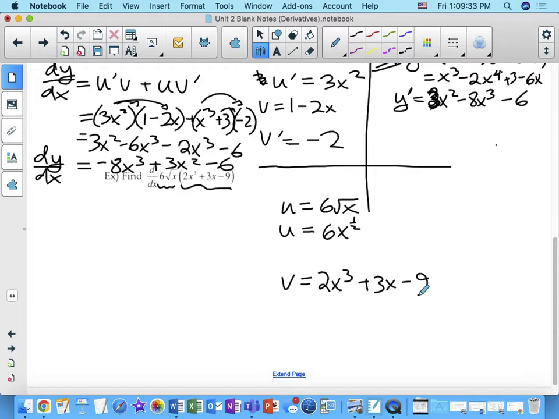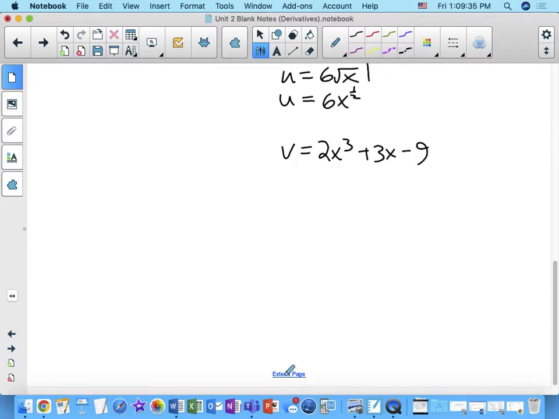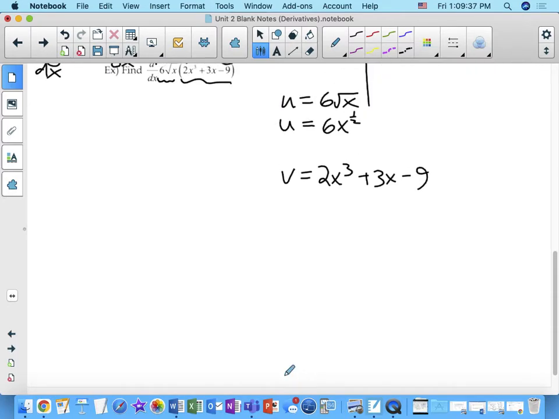And then we can find the derivatives of each of those parts. So u prime is going to be 6 times a half x to the negative a half. And v prime is 3 times 2 is 6x squared plus 3.